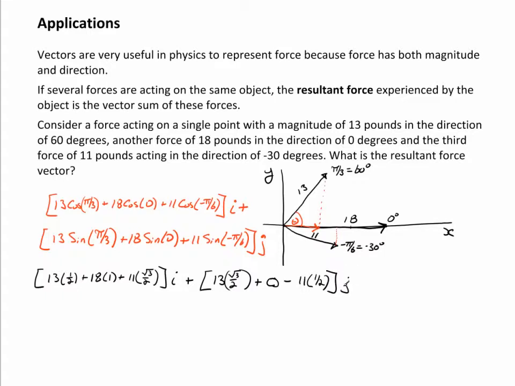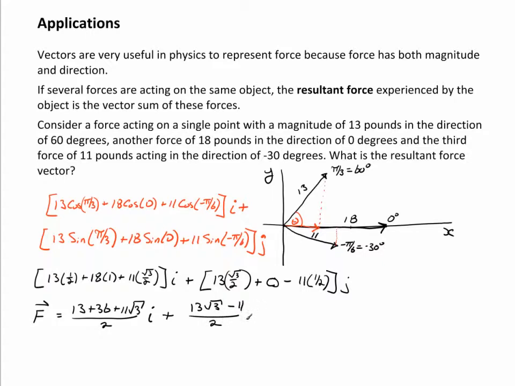So if I start doing some addition here, the force vector is going to be equal to 13 plus 36 plus 11 root 3, all over 2, i, plus 13 root 3 minus 11 over 2, j.